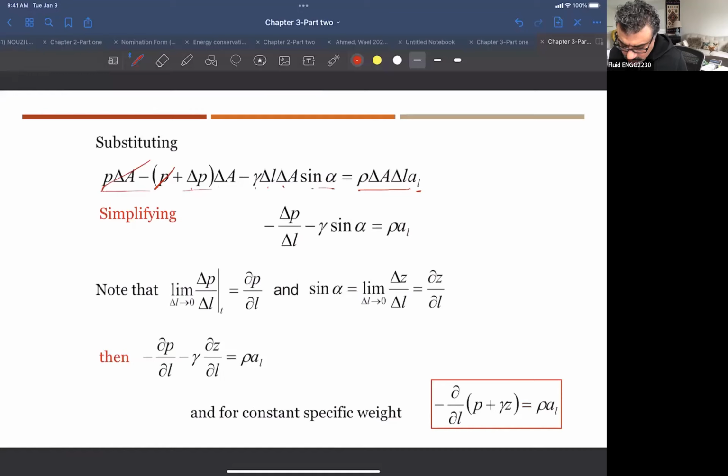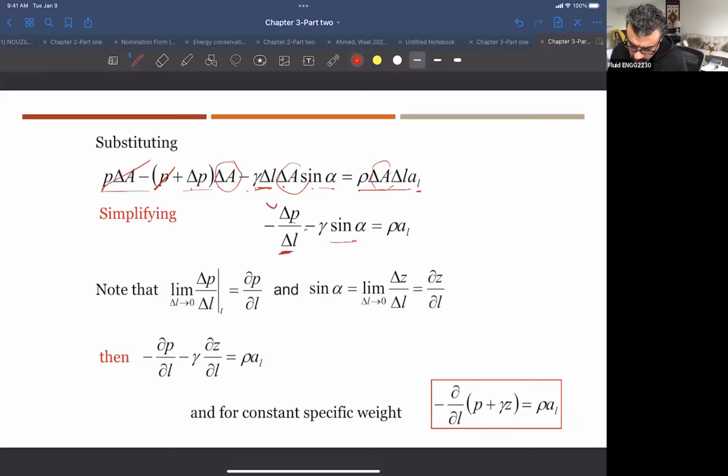So I can divide the whole equation by delta A, and also delta L. So this term will be basically delta B over delta L minus gamma sine alpha equal to rho times the acceleration, and the acceleration here is in the L direction, okay.